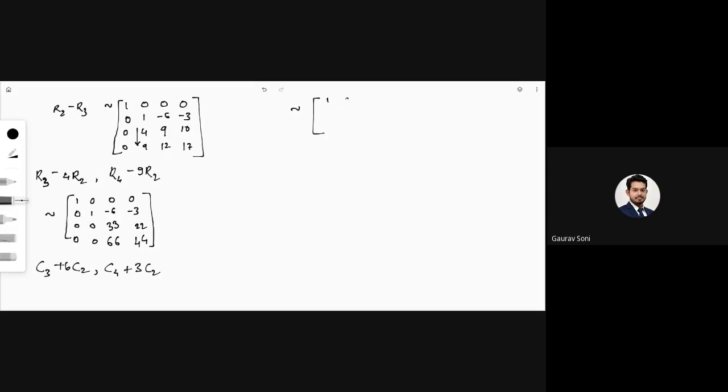So 1, 0, 0, 0. Then you will have 0, 1. These two entries will become 0, 0, 0, 33, 22, 0, 0, 66, and 44. Please check the calculations.